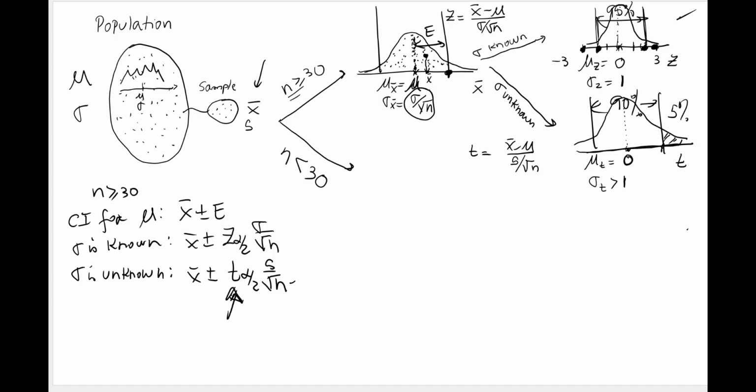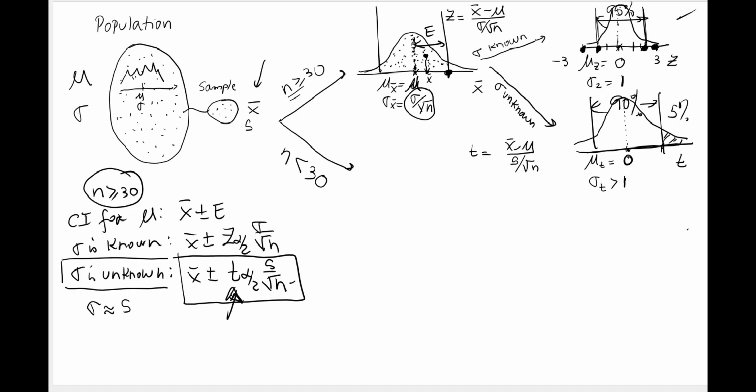Remember also that in some problems, when n is bigger than 30, the standard deviation of the population could be approximated by the standard deviation of the sample. But basically, we are going to use, in most cases, this formula that is more accurate, the t distribution, when we don't know the standard deviation, which is the normal case.